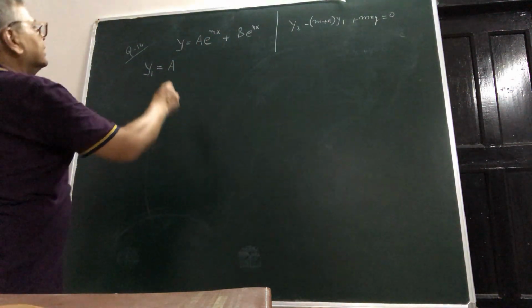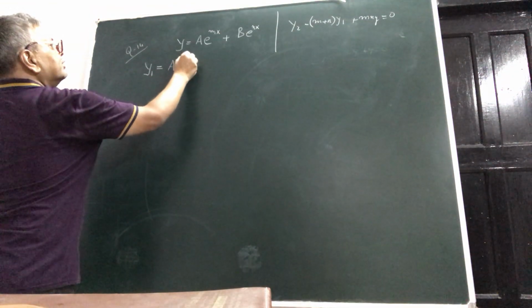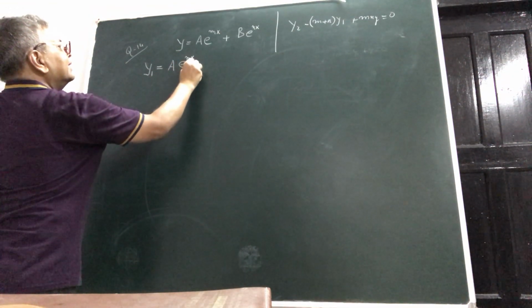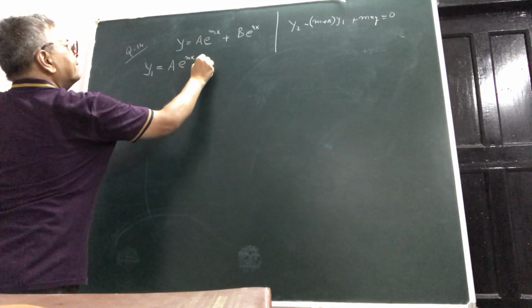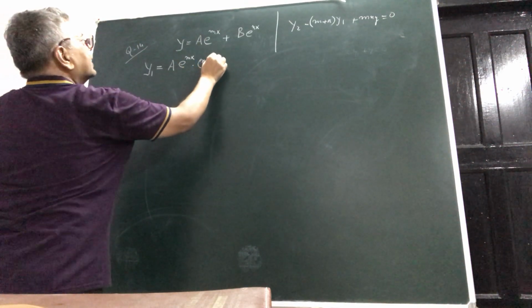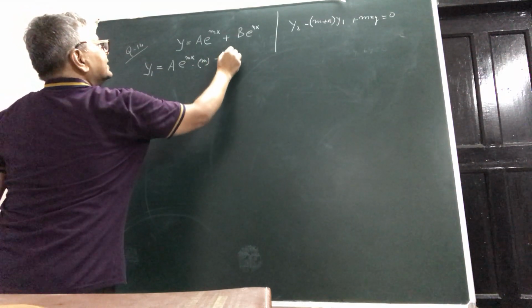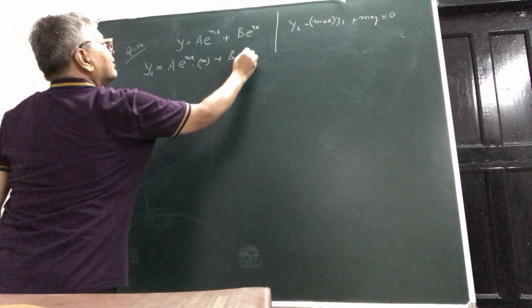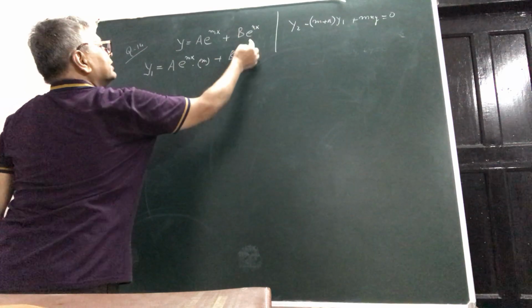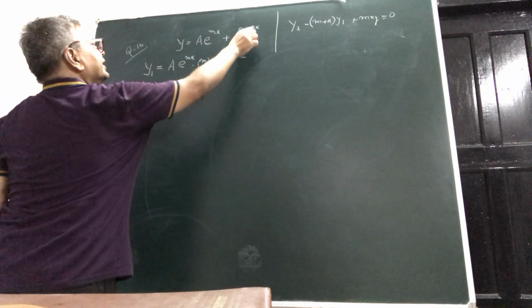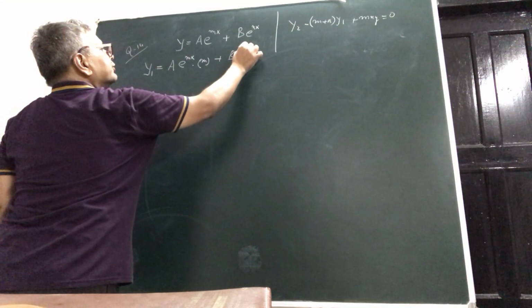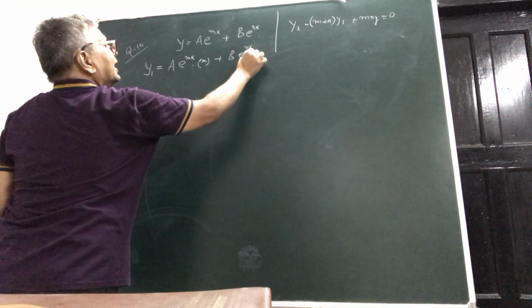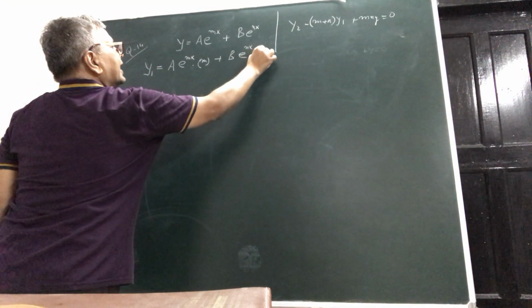First you will write e to the power mx and then the derivative of mx, that will be m. Likewise here, the derivative will be b e raised to power nx; you will put some other variable t, so e raised to power t, you will differentiate and get the same thing, and into n you will get.